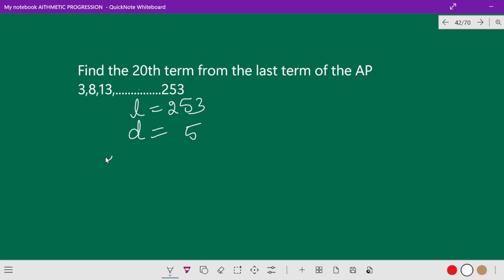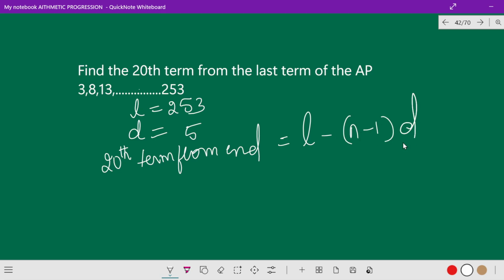So to find the 20th term from the end, the formula is L minus (n minus 1) into D. L is what? 253 minus (n minus 1). We have to find n, the 20th term. When we get the word term, that is n. So n is 20, minus 1, into D value is 5.